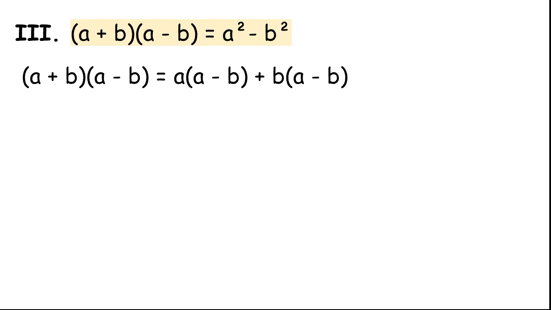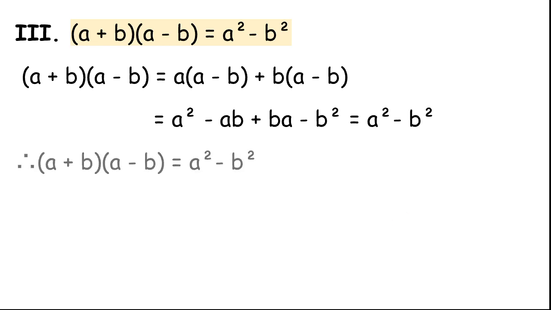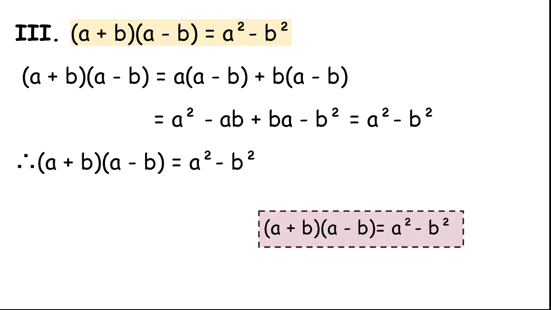So a into (a - b) plus b into (a - b), which gives you a square minus ab plus ba minus b square. Minus ab and plus ba are like terms of opposite sign, so they get cancelled and we arrive at a square minus b square. Therefore, (a + b) into (a - b) is equal to a square minus b square.